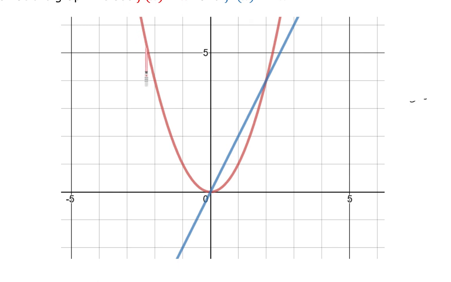The slopes of the original graph all the way up to this particular turning point are negative, so all of the derivative graph is below the x-axis. These are negative outputs. Once we hit this turning point, we turn and all of our slopes are positive, and therefore the graph of the derivative, which is this blue line, is above the x-axis.